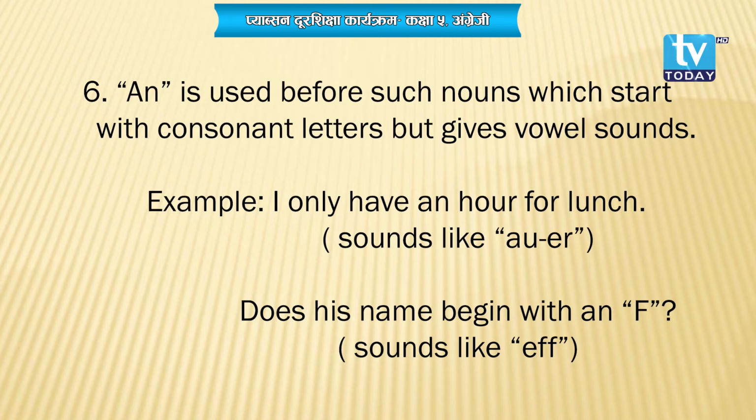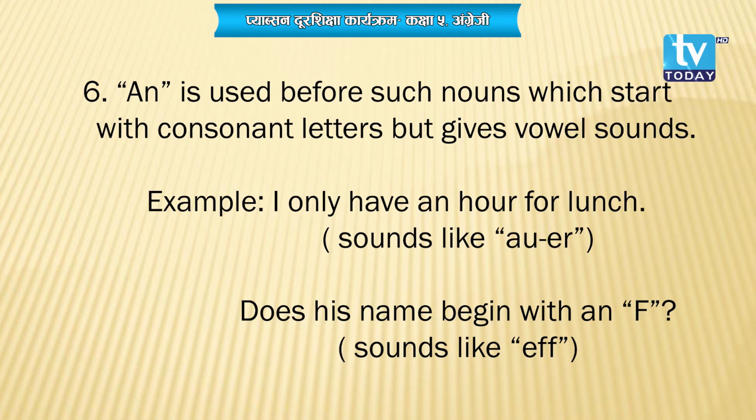The next one, with more examples for your clarity: Does his name begin with an F? Please speak out aloud so that you identify the correct pronunciation with the correct sounds. Does his name begin with an F?